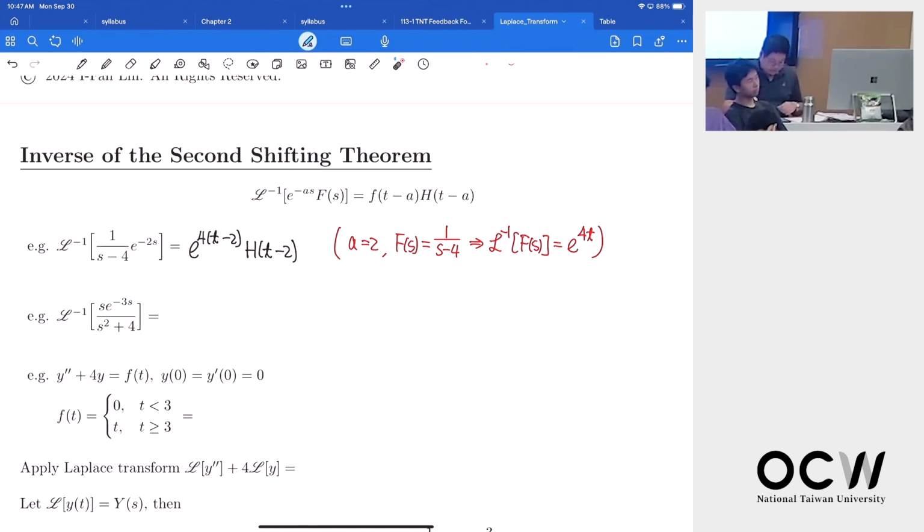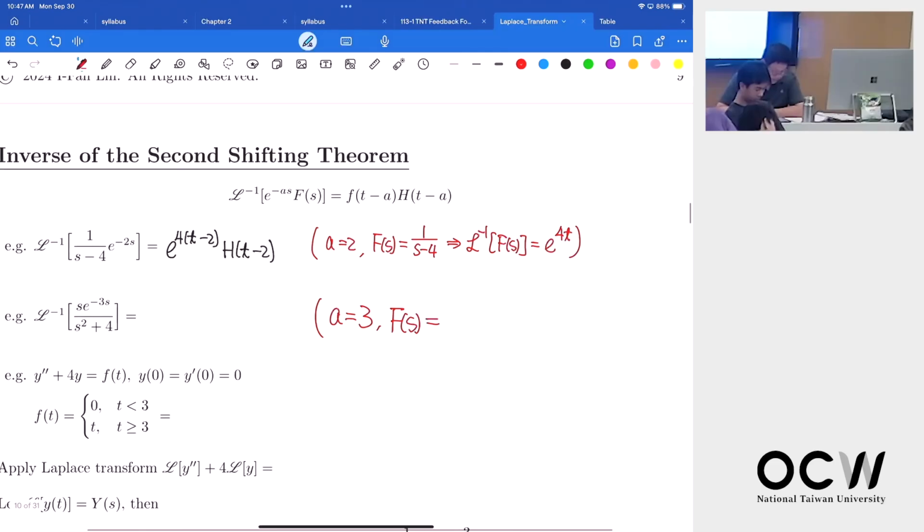So first, we observe what is A. A is 3, right? Then what is your Fourier transform? The original transform should be S divided by S squared plus 4, which means 2 squared.